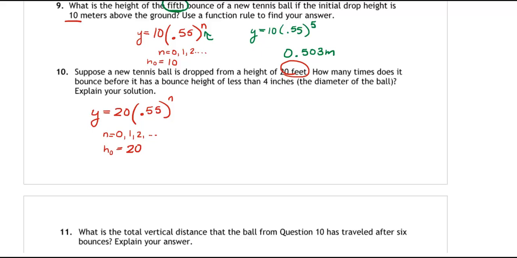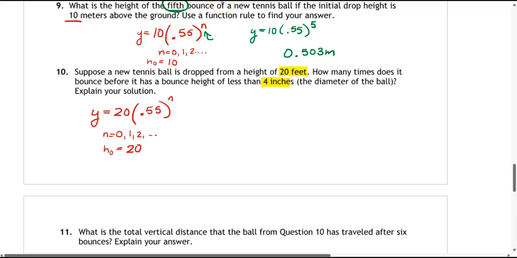Now, I need to be really careful and notice how this question is worded. It wants to know how many bounces it is going to take before my ball is less than 4 inches. Notice my original height is given to me in feet, so be careful. 4 inches in comparison to feet is something we have to consider here.